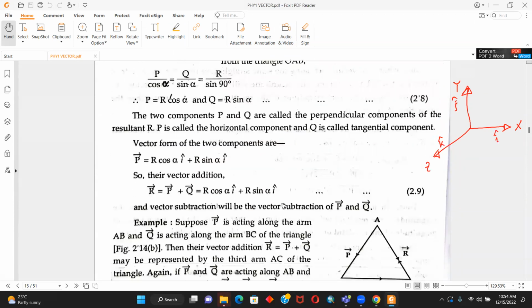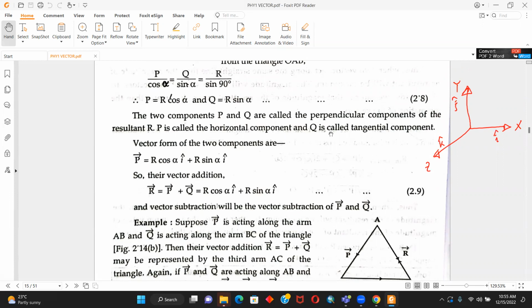Even if I just consider all of them, the direction for R cosine alpha and the direction for R sine alpha cannot be the same, right? So that means we need different unit vectors for that.